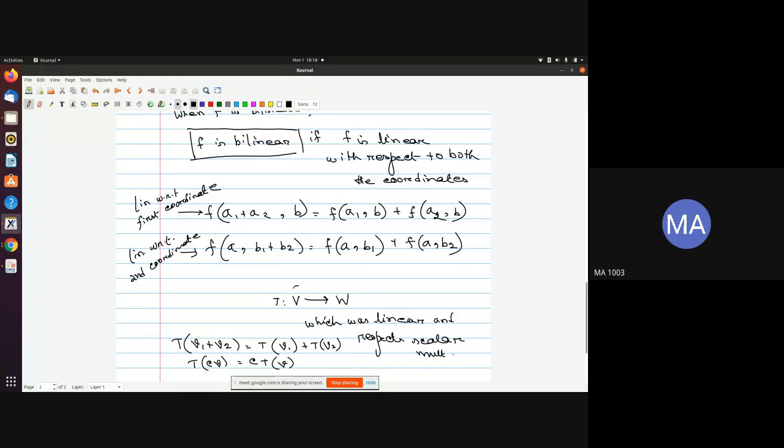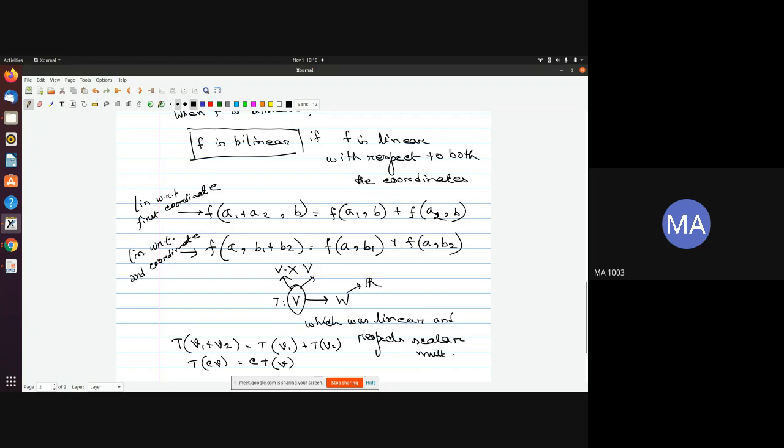Now, here my domain is basically the Cartesian product of two vector spaces, and W is the real numbers. That itself is a vector space. That is fine. But the point is, here I have V as a Cartesian product of two vector spaces, V cross V, which are the same, but it is a Cartesian product of two.